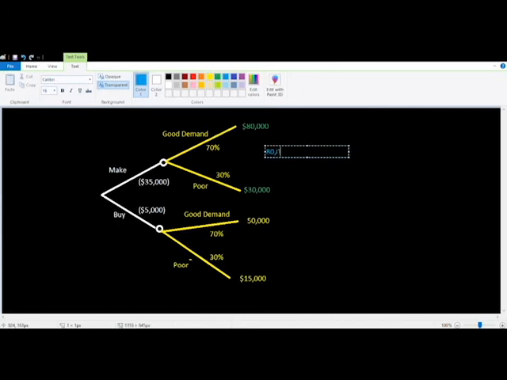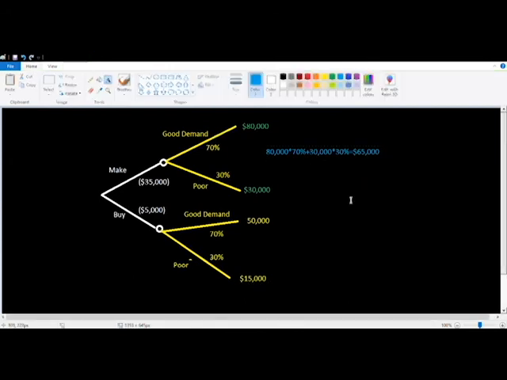So what we're looking for is 80,000 times 70% plus 30,000 times 30%. That's $65,000.